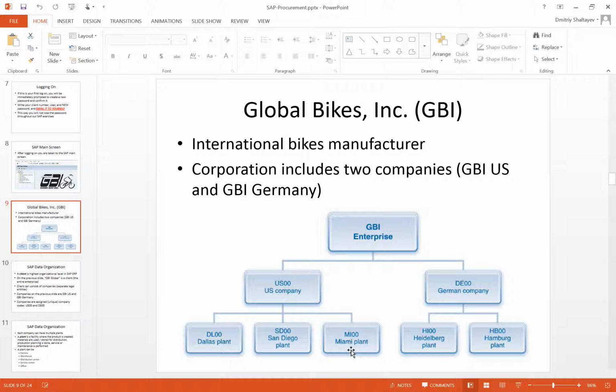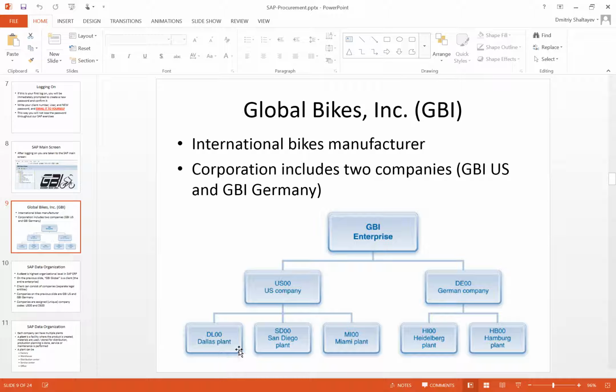The only thing it does is store inventory, such as finished bikes, or trading goods, such as helmets, toolkits, water bottles, knee pads, etc., and sells them directly to the customers, which happen to be probably small bike shops. Also, there is the San Diego distribution center. This is also a warehouse, so it only stores finished goods for distribution to the customers.